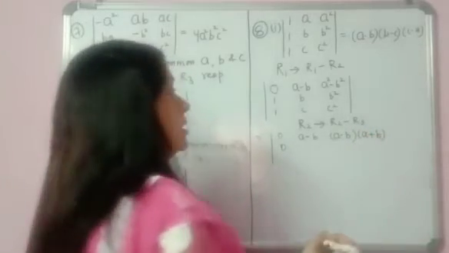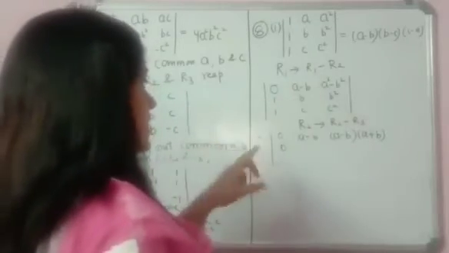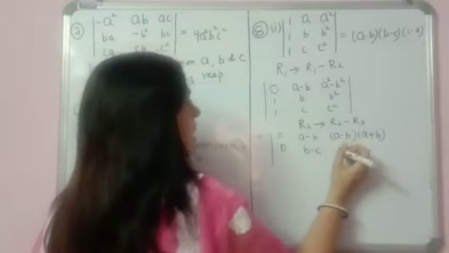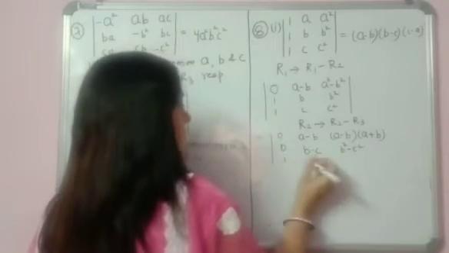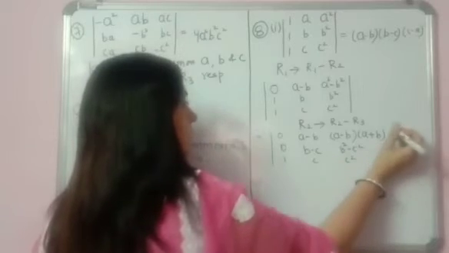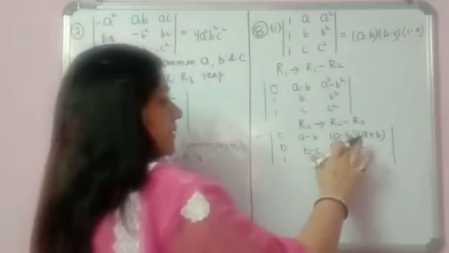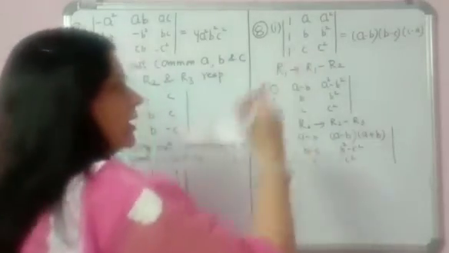Now changing R2 to R2 minus R3, this will be 0, then b minus c, and b square minus c square, then 1, c and c square. Now you can take out common a minus b from the first row and b minus c from the second row. Okay, that only we want.